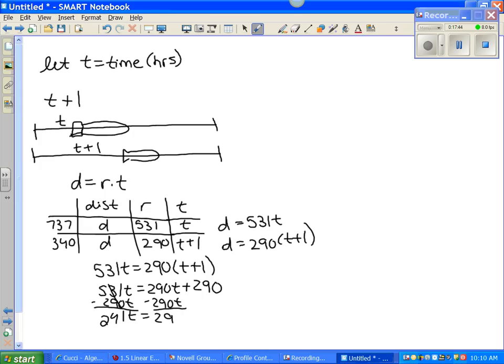So 241T equals 290. And then divide. So we get T to be approximately 1.2. And remember, that's in terms of hours. So it takes about 1.2 hours for the plane to catch up.